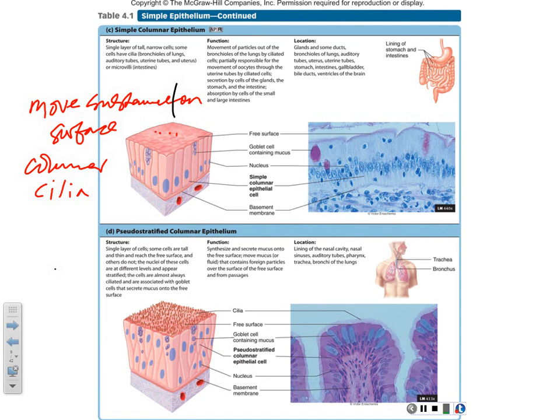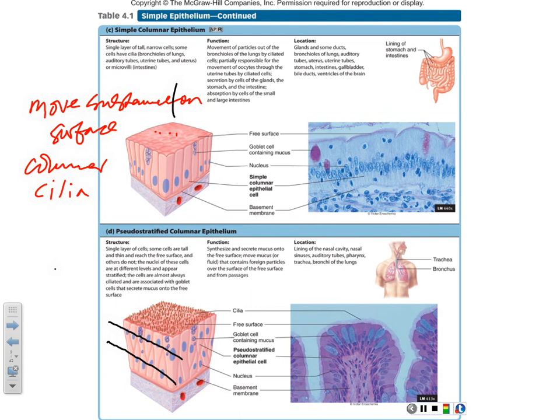Yes, Spring? It's only one layer, even though it appears to be more than one layer. You know why? Because this is a line of cells, because of the nucleus, and this is another line. But it's really one layer here, but it's giving the appearance as if there's two layers.